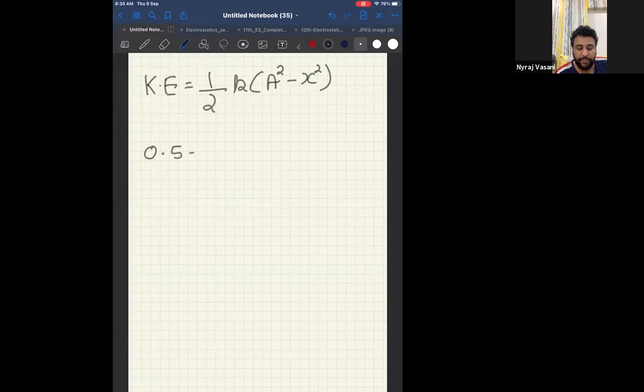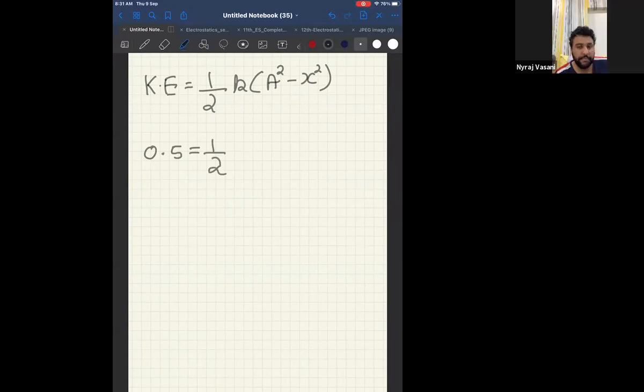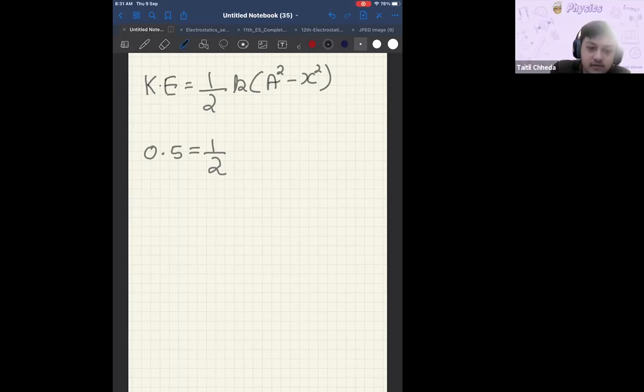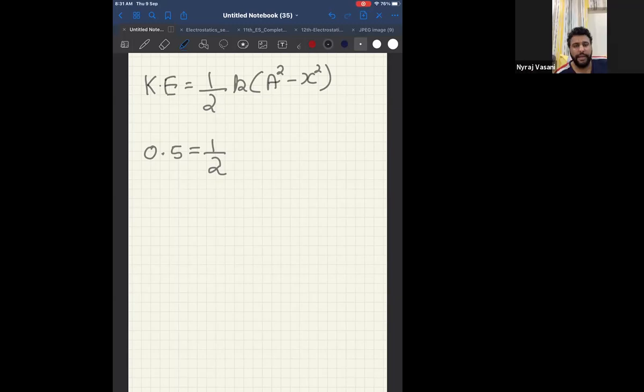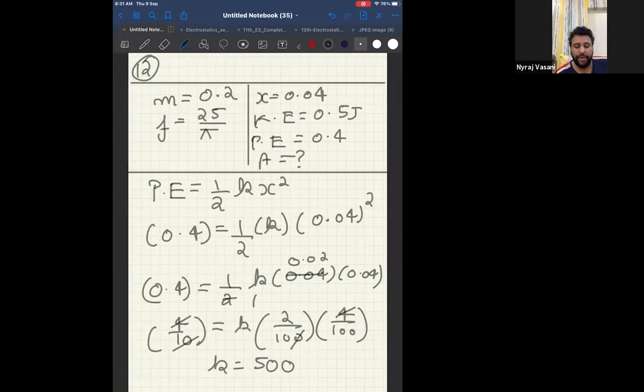So 0.5 is equal to... Sir, a doubt here. We can even use the total energy now. We can make it just easier: find the total energy and use half k a square and directly find a square. I am going this way because of what data they have given. I did not want to put total energy as KE plus PE and make it more complicated.